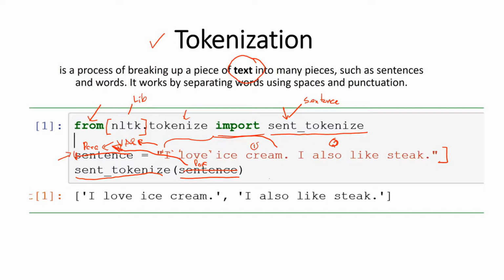When we put our cursor in the cell here and hit Control Enter, it did exactly what we asked it to. It tokenized our paragraph into two sentences. Right? That is the very basics of tokenization, and it's what we're going to be talking about in an in-depth fashion in this course.